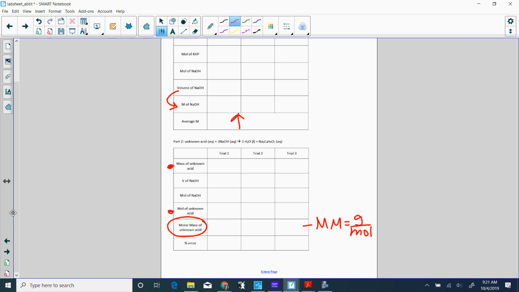Where did you use your 0.102 or whatever that was? Make it bigger and see what happens to here. That number went here first. Then that number went here next, because we had to do a mole ratio. And then that number went here.